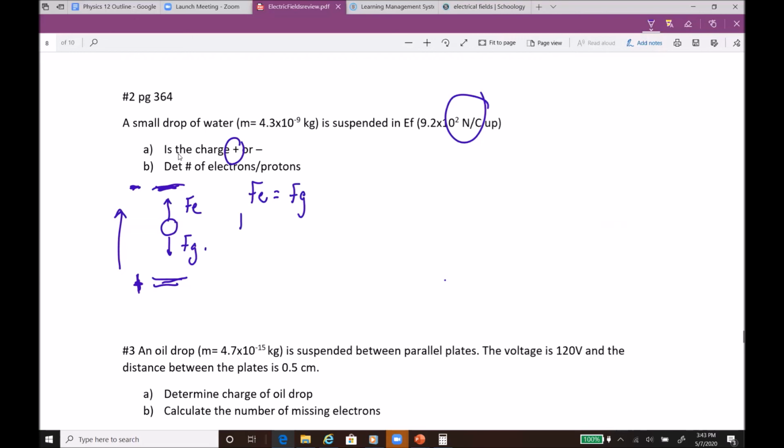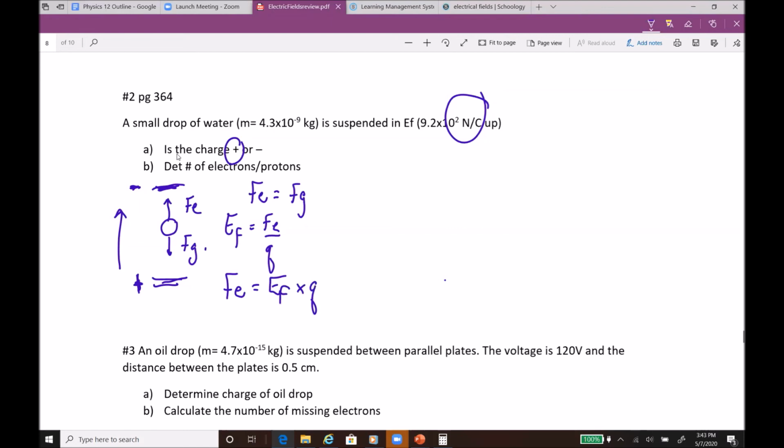We know Fe is k... Oh, we have the electric field there. We don't need to do all that. If you recall, we can define the electric field as the electric force over the charge, which means the electric force would be simply the electric field times the charge.